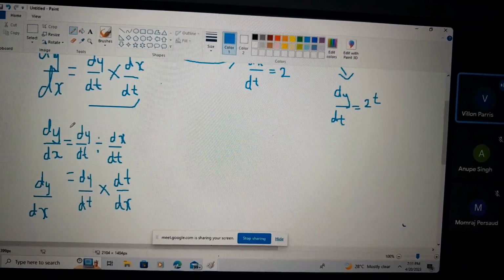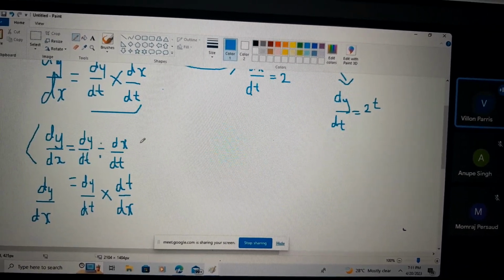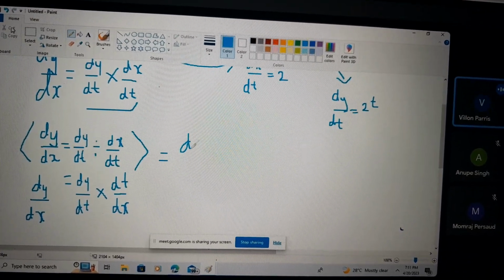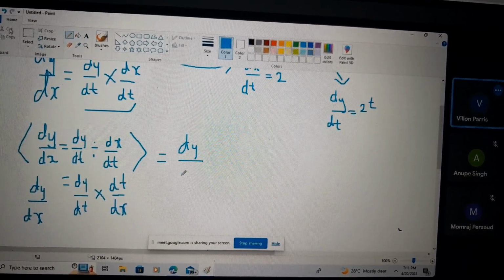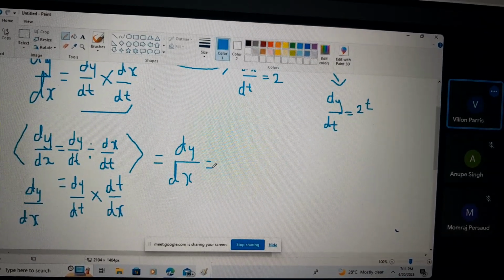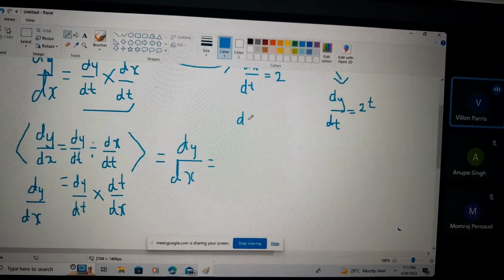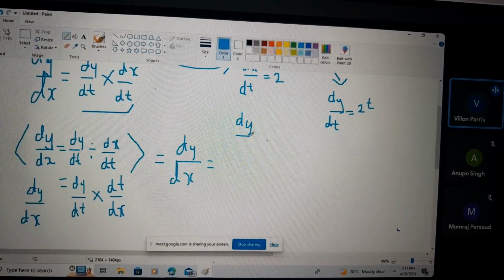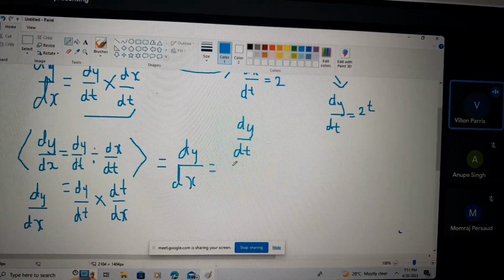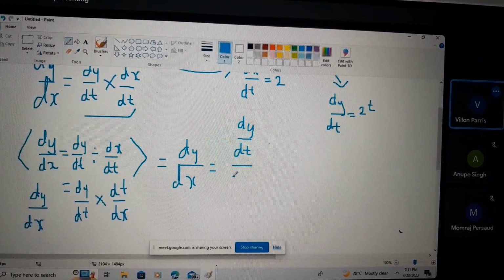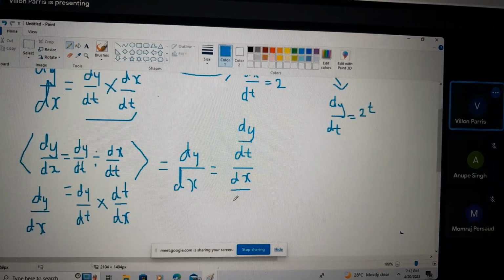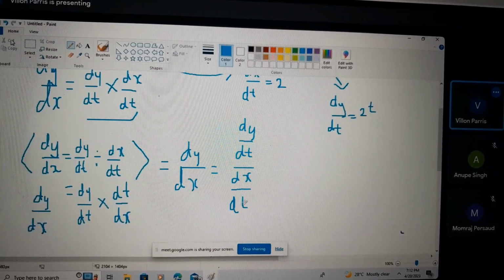So for dy/dx, what we'll end up with is dy/dt over dx/dt.